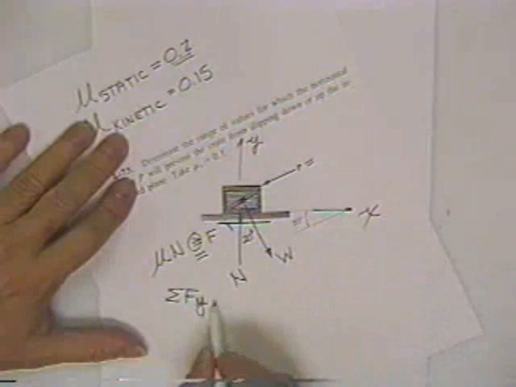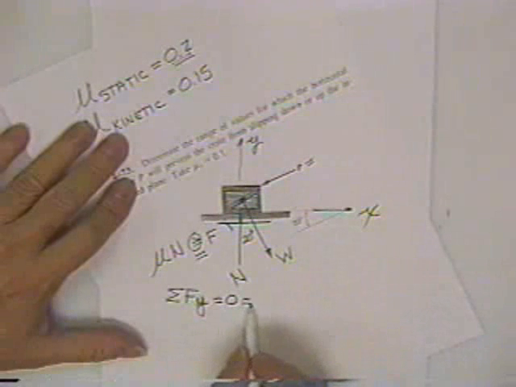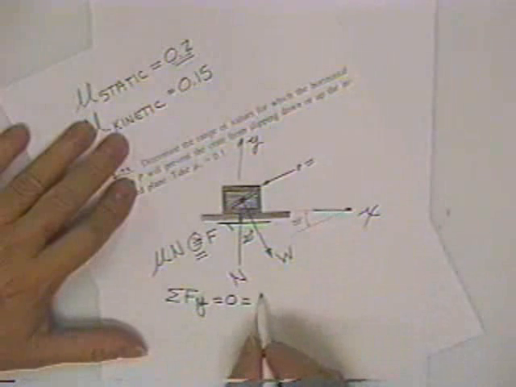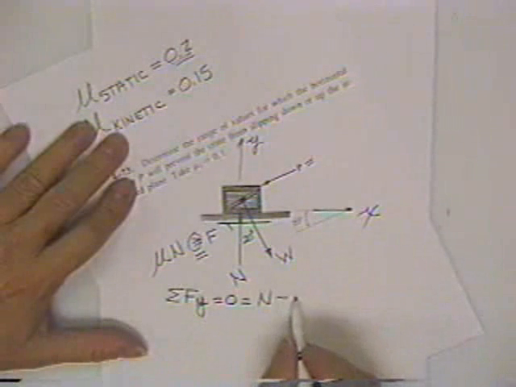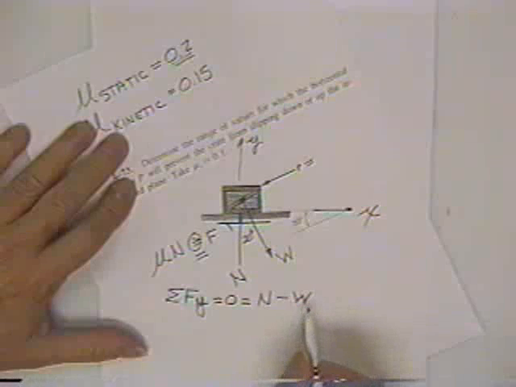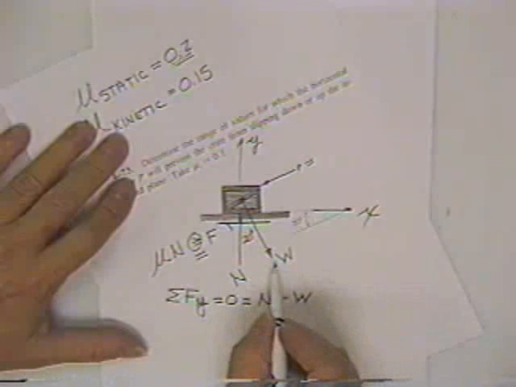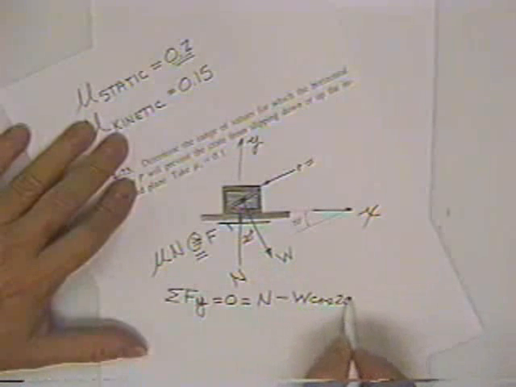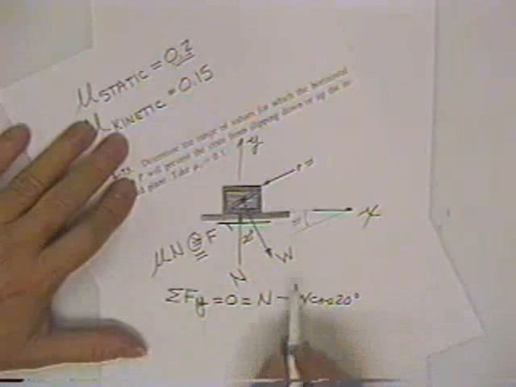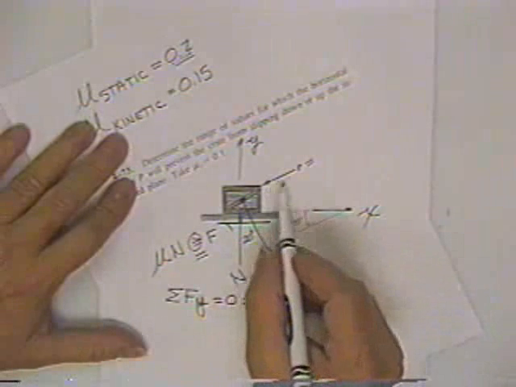Sum of the forces in the y direction has to be 0, is equal to, first you have a force N, then you have a weight acting down, except not all the weight is acting down, only the weight times the cosine of 20 is acting down. And then here's this P force.